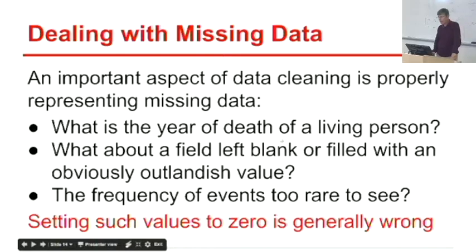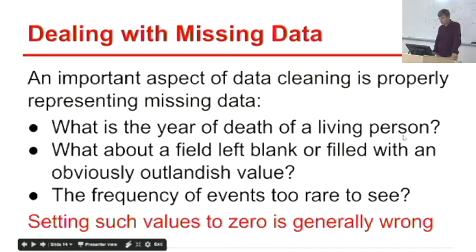One is when there is data that was never collected, like one time I needed the year of death for people who were living. Sometimes a wrong value was put in, and it was obviously a wrong value. That would be an outlier, right? Sometimes fields were just left blank because they didn't collect them.